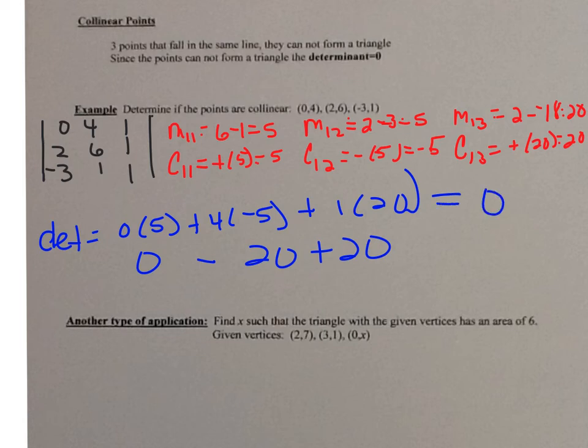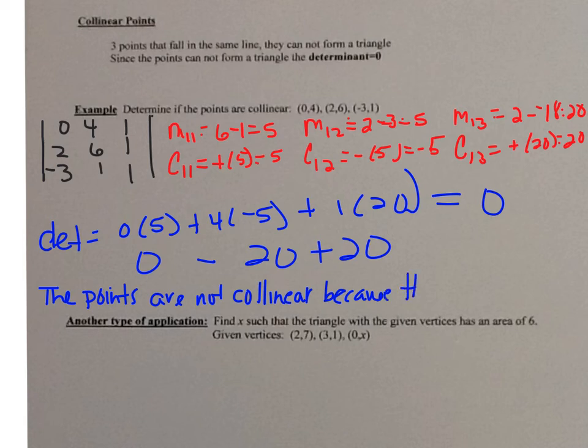So therefore, the points are collinear because the determinant equals 0. Okay, so we have one other type of problem to go over.